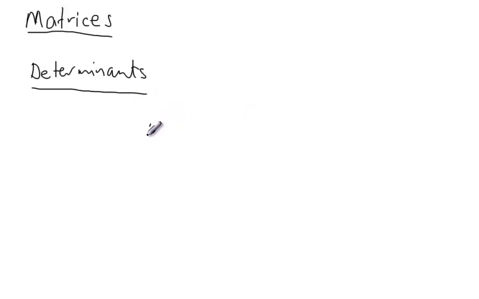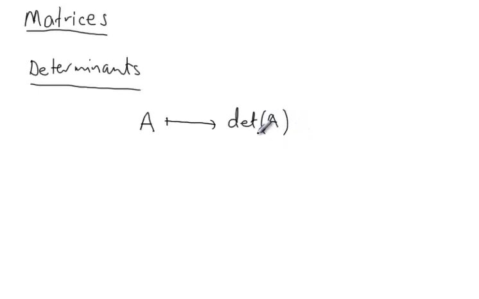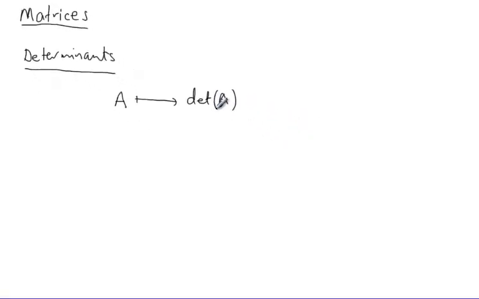Let's say we've got a matrix A. We can take this A and assign it a number, like a real number. It can be negative, positive, or 0. And that number, we denote it by det of A. It's kind of a function. In this case, we're talking about square matrices.